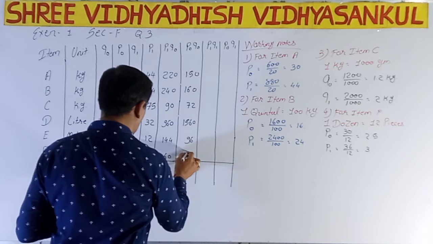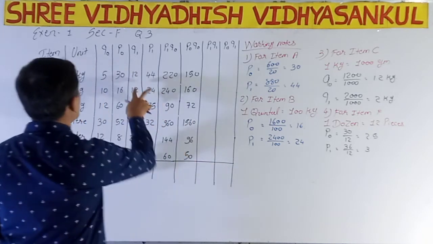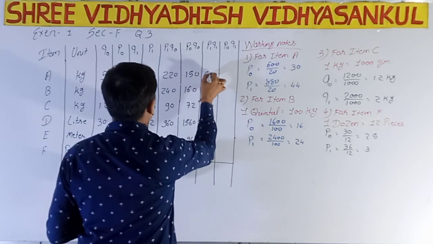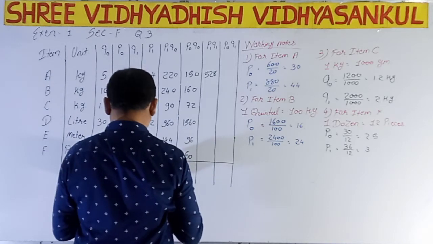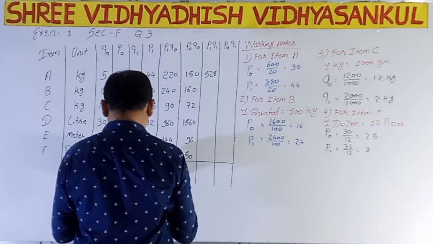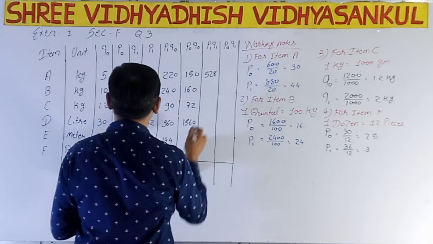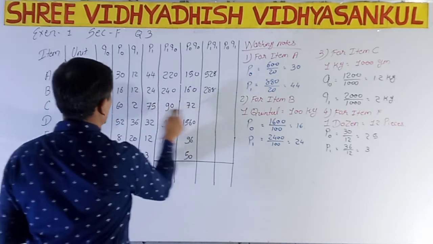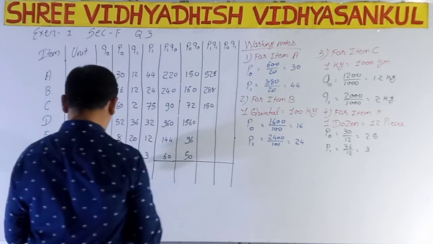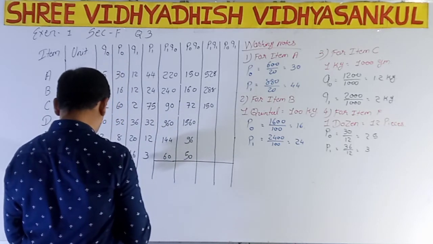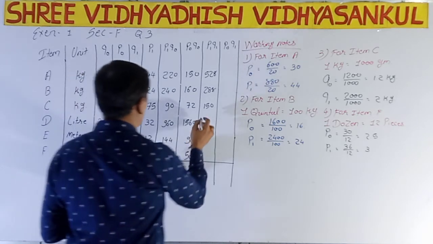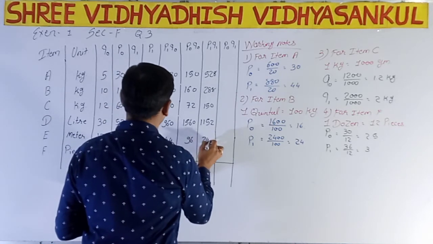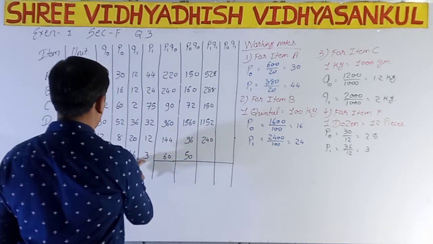Then P1 Q1, these two: 12 into 44 is 528, 12 into 24 is 288, 150, 36 into 32 is 1152, 240 and 48.